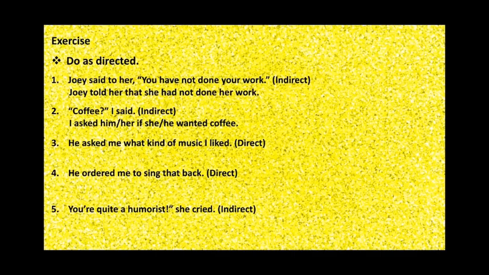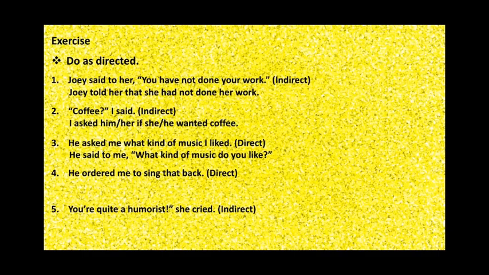Next is, he asked me what kind of music I liked. This has to be changed into a direct speech. So the direct speech is, he said to me, comma, open inverted comma, what kind of music do you like?